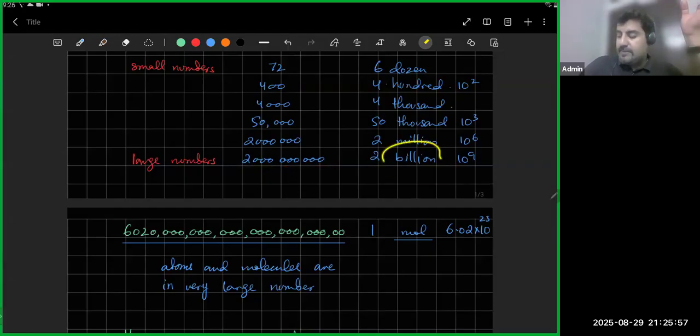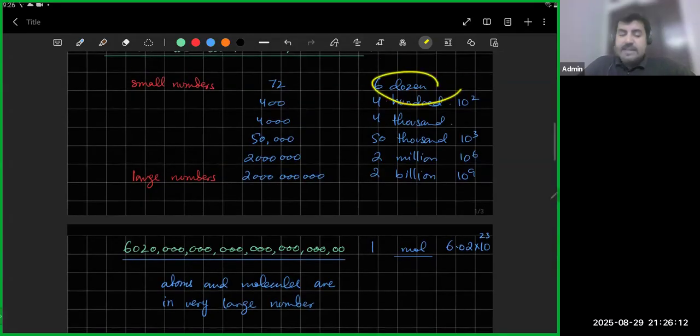So you need another unit to represent a much bigger number. And the same is the problem with moles, okay? Because the atoms are so huge in numbers that you need a much bigger unit. Otherwise, between mole and dozen, there's absolutely no difference. That's exactly the same thing. That's for counting small numbers. This is for counting really big numbers.